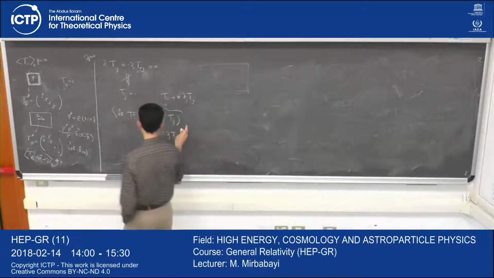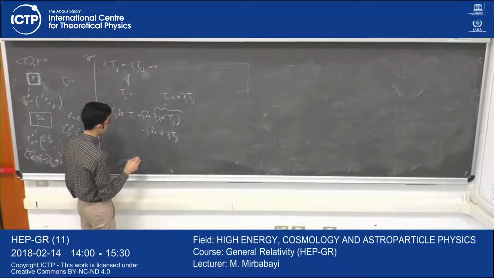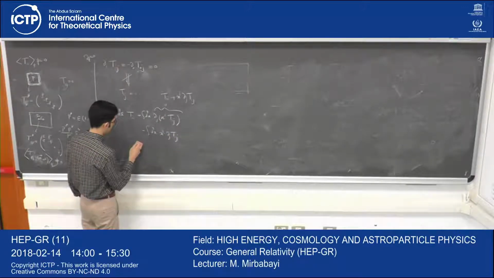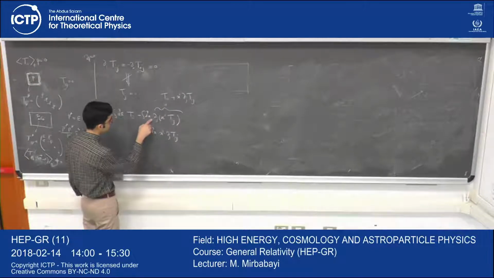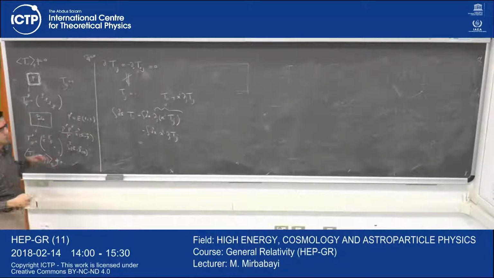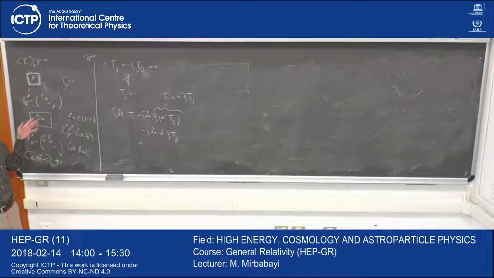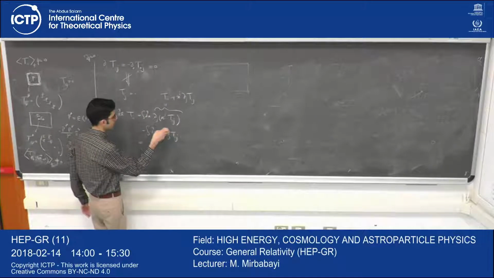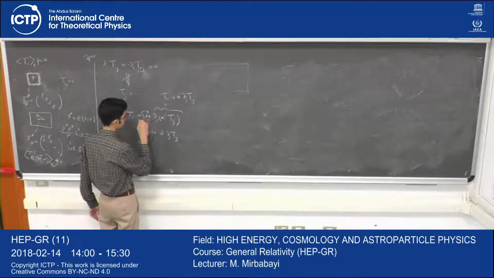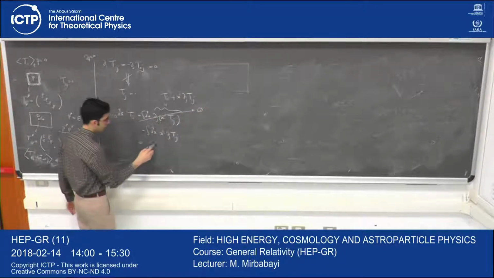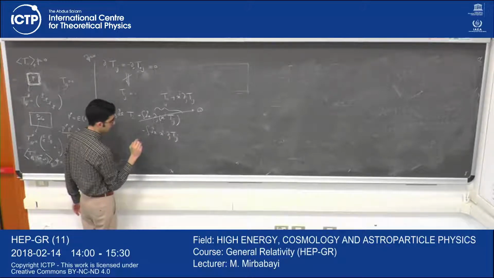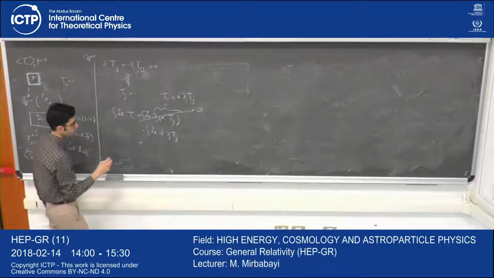So this identity holds. Now, in the first term, I have a total derivative, and I have a compact system, so I can reduce this to a boundary term. And since this is a compact system, outside it T^{ij} is 0. So the first term is just 0. And in the second term, I can use the conservation equation.